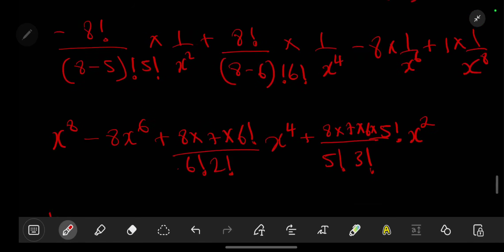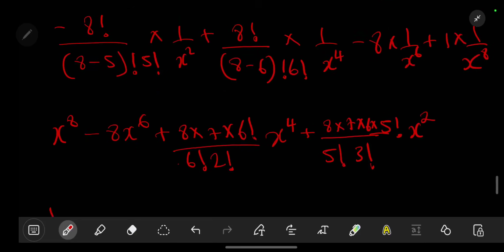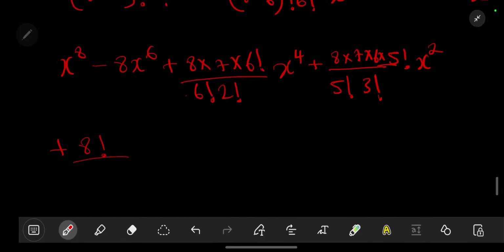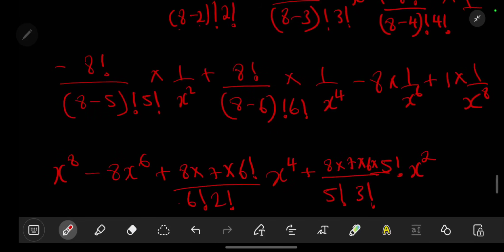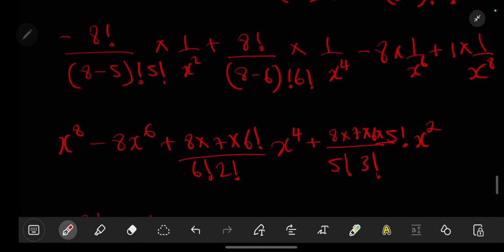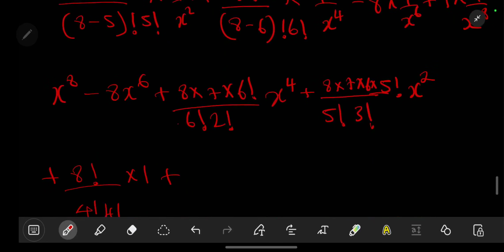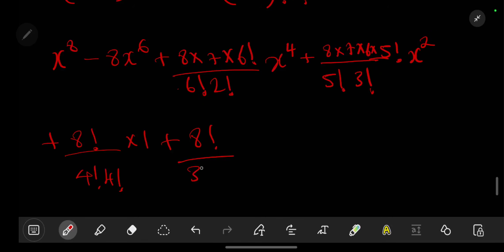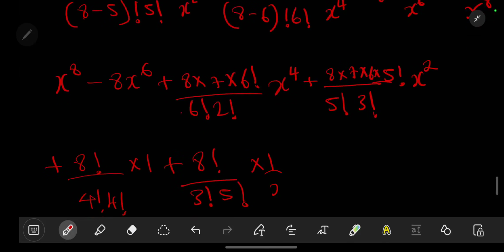Then from there we say plus our 8 factorial over 8 minus 4, which is 4 factorial, times our 4 factorial, times 1. Then plus our 8 factorial over 8 minus 5, that's 3 factorial, 5 factorial, times 1 over x squared.